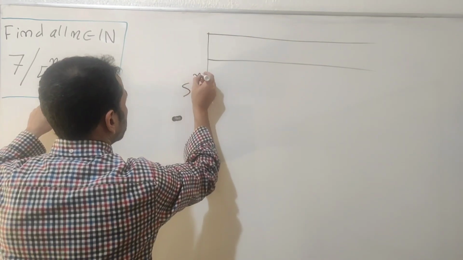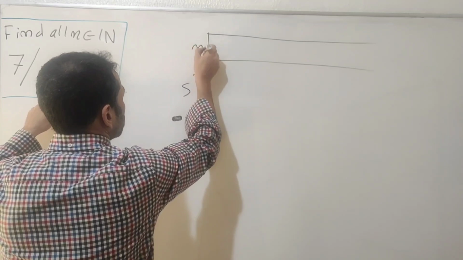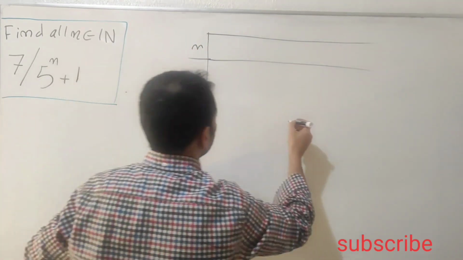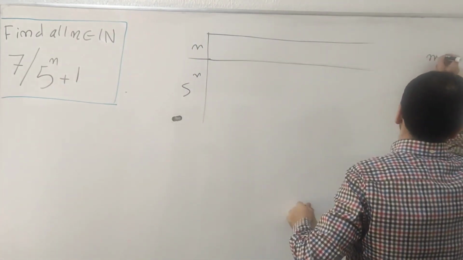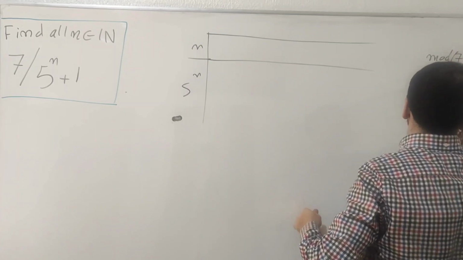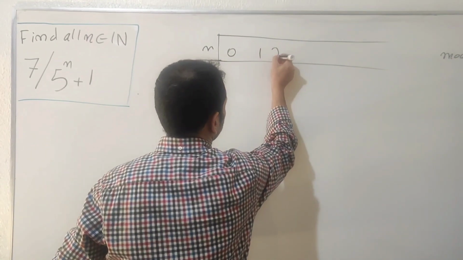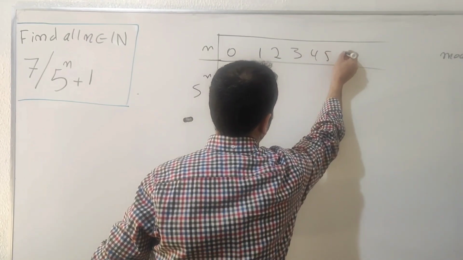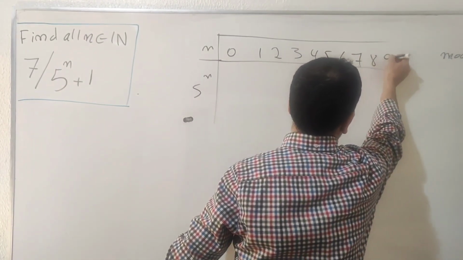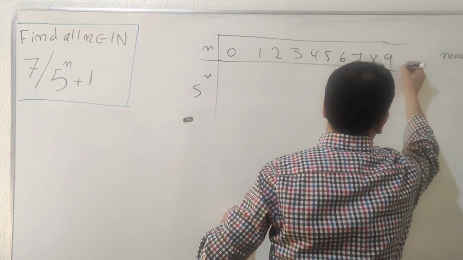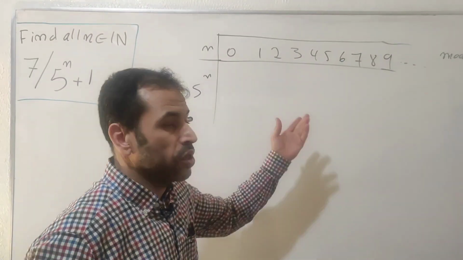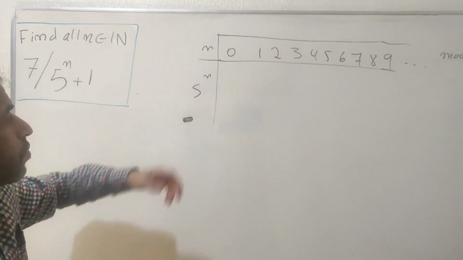We get the following values of n, and I'm going to reduce this to mod 7, it's more clear: 0, 1, 2, 3, 4, 5, 6, 7, 8, 9. I'm going to stop here.